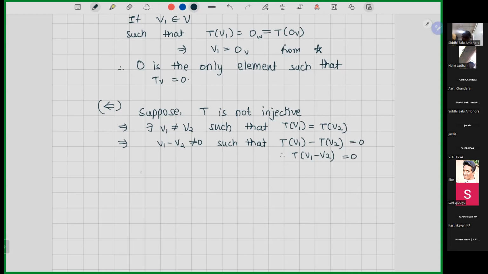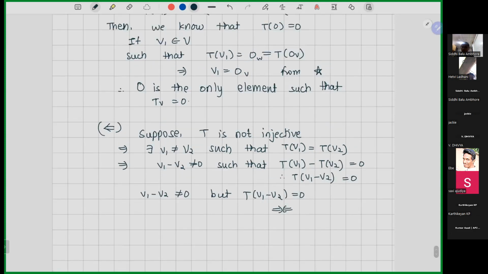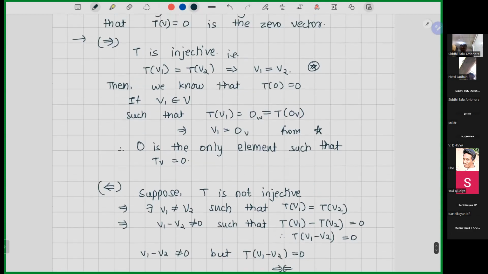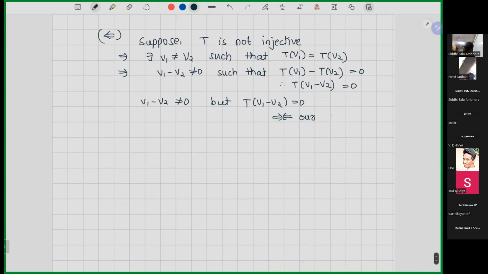So we got that V1 minus V2 is non-zero, but T of V1 minus V2 is 0, which contradicts our given condition that 0 is the only element such that TV is equal to 0.